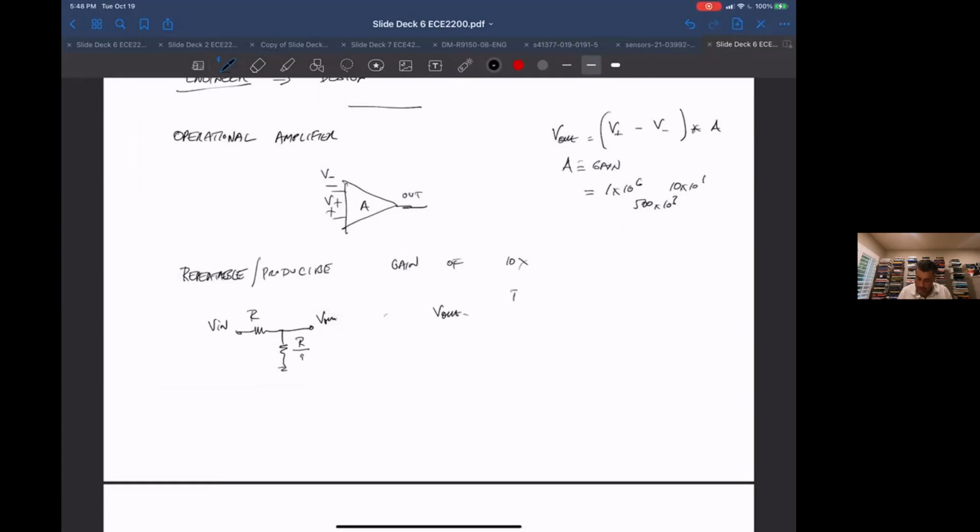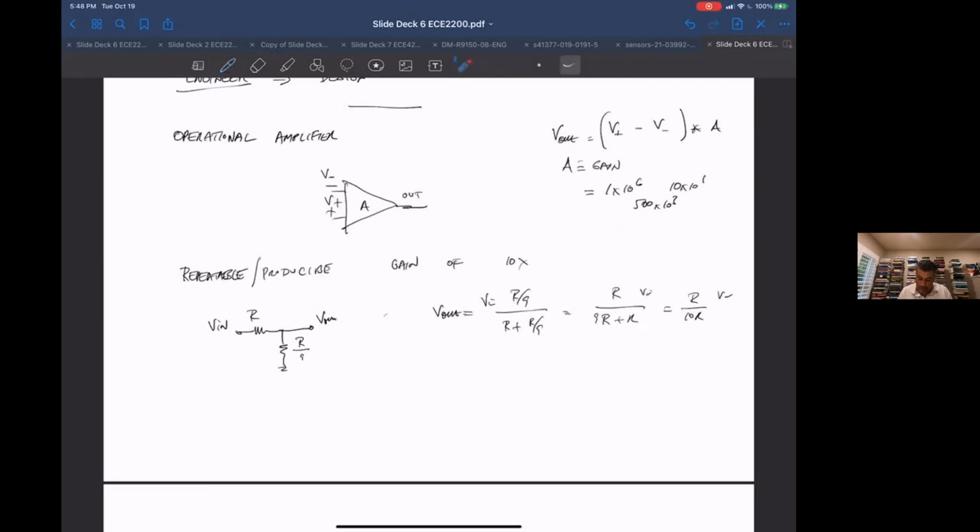Did I do that right? R over 9. Probably not. R over 9 plus R over 10R. I did it right. Wow, that's amazing. So you can repeatedly get an attenuation.